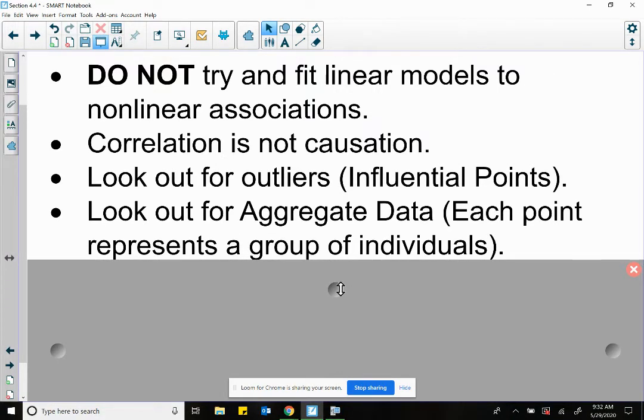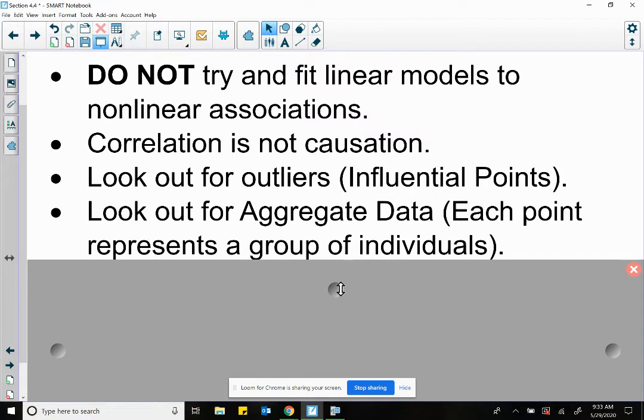We looked at a scatter plot where each dot represented a state, and it dealt with education, the ACT or SAT, math and English scores.